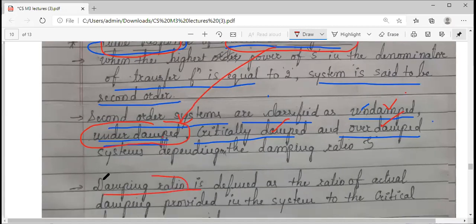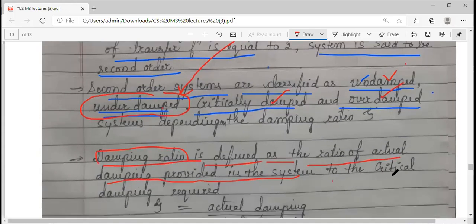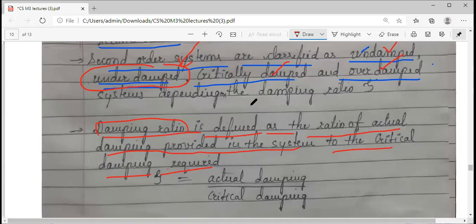So these are the 4 classifications of second order systems. What is a damping ratio? Damping ratio is defined as the ratio of actual damping provided in the system to the critical damping required. This is not G. You can see I have written one symbol here, sorry, I couldn't write it properly, something like a tilt kind of structure.